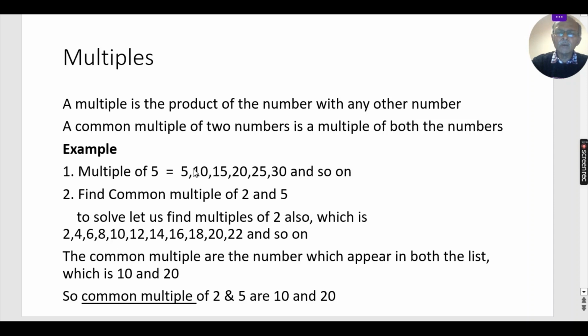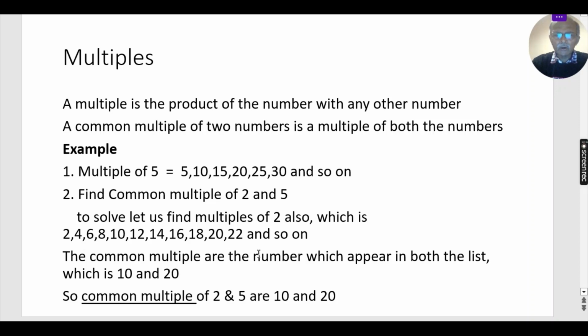So 10 is a common multiple of 2 and 5. Similarly, there is another number 20 which is here in the table of 5 and also in the table of 2. So this means 10 and 20 are common multiples, I mean they are the multiples of both the numbers 5 and 2.